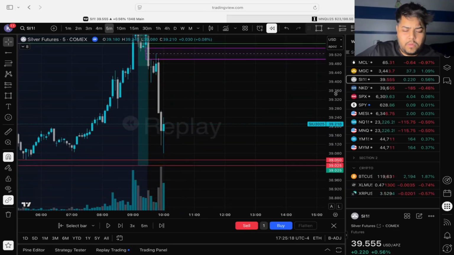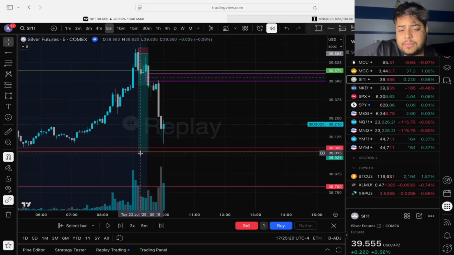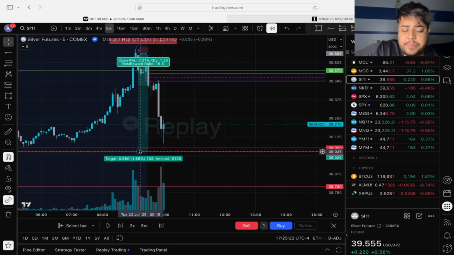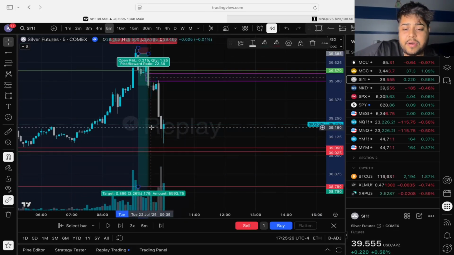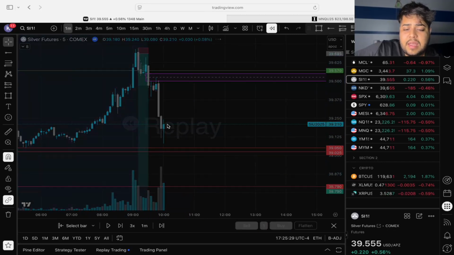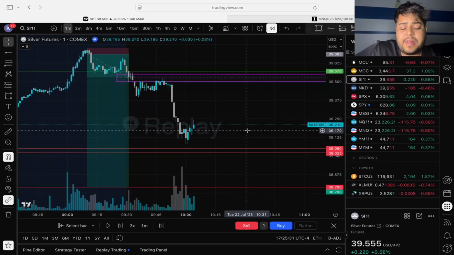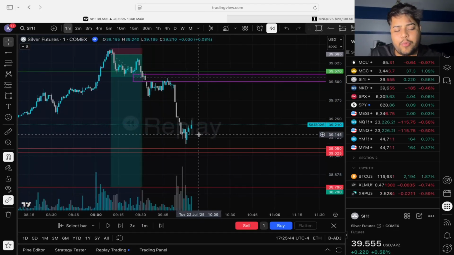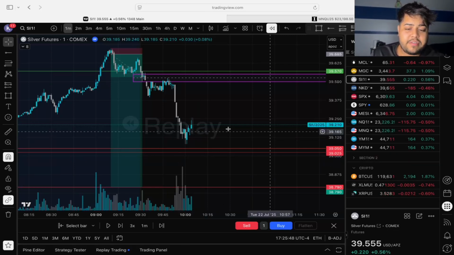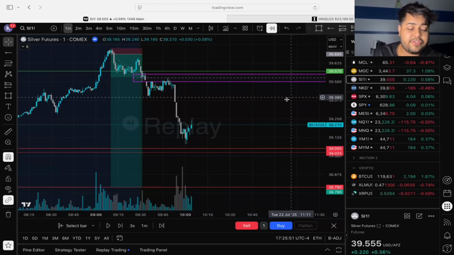It didn't hit my full TP, because I think I moved my TP to these lows, and then I was going to take one off here. But I was up like 5k, 5 point something, and I just didn't want to waste more time on this trade. I know this sounds weird, but I saw NQ was having nice price action, and I actually saw that trade that I missed out on.